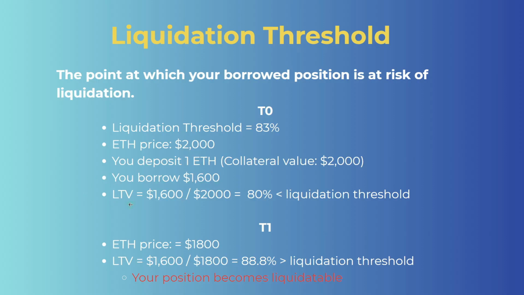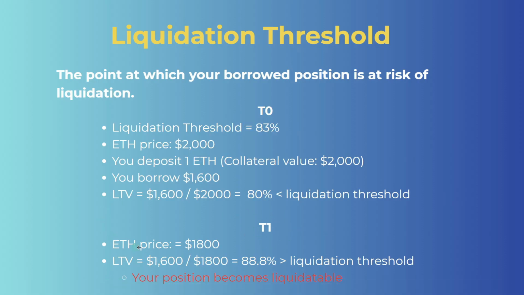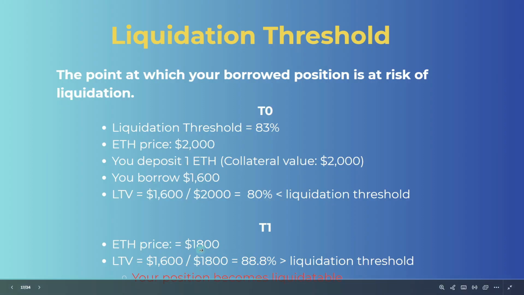So our loan to value, if we do the math, $1,600 divided by $2,000, is 80%. So it is below the liquidation threshold, which is 83%.